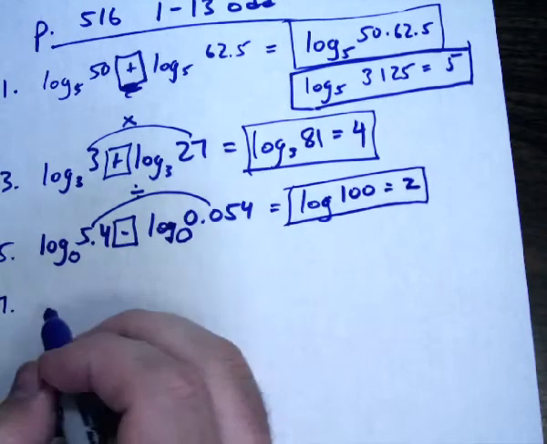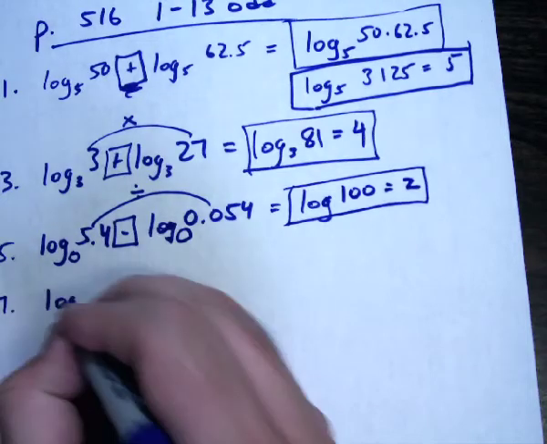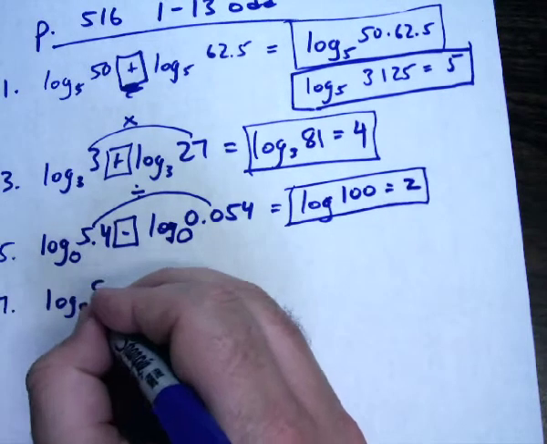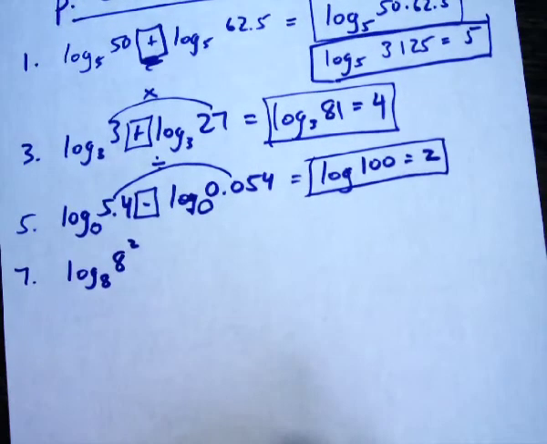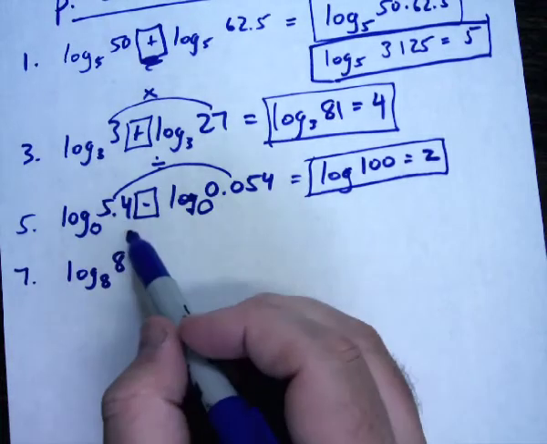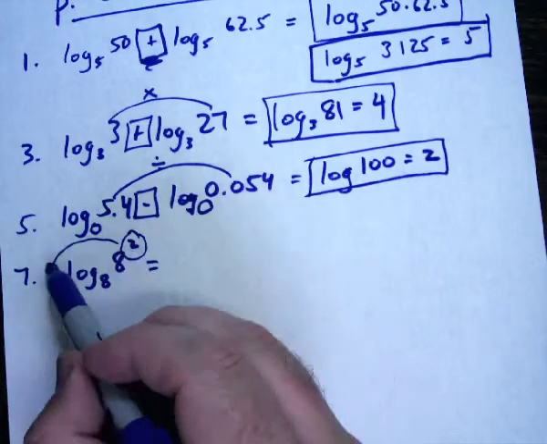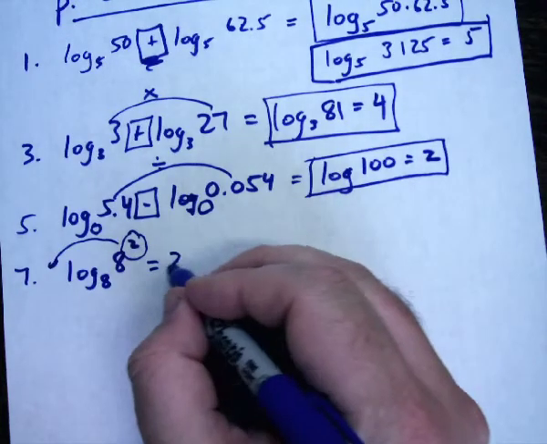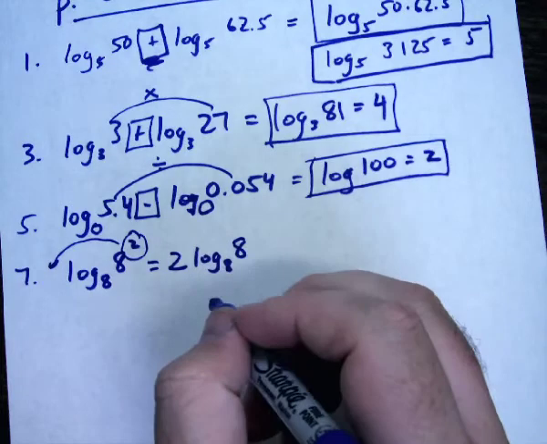Number 7, log base 8 of 8 squared. We can do this a couple different ways, but since we know the power rule, I'm going to use the power rule first. So the exponent goes to the front. So it's 2 log base 8 of 8. Now this is very simple.